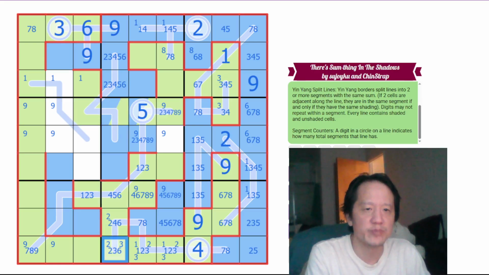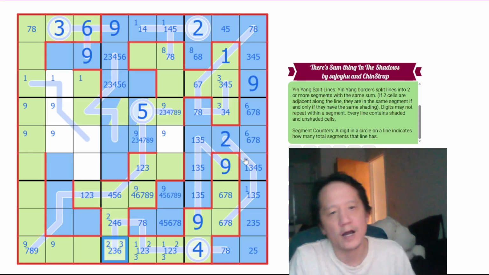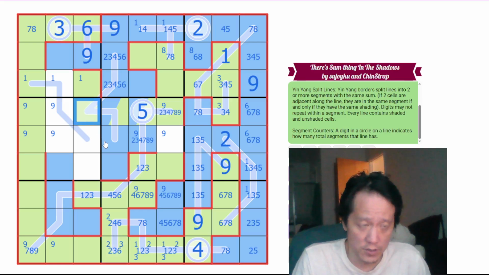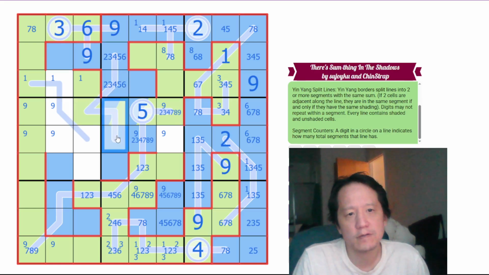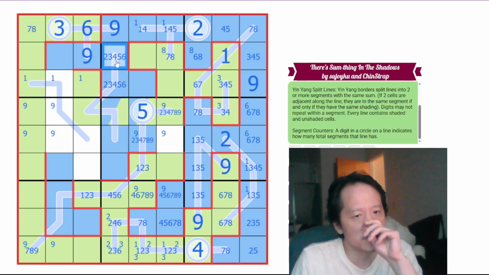So this cannot be 2 here. Well, actually, no, hold up. It could be 2. Well, one of these is 2. The other one is 2 here. If this was the single digit here, this would be 7 or 8, which would require... Oh, this could be 1 in that scenario. Either way, these digits are 2 through 6.